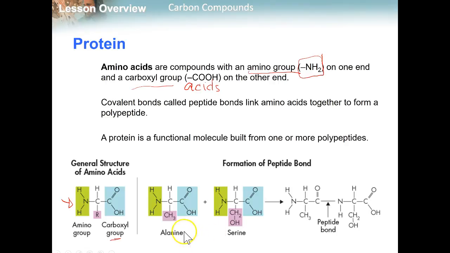So if we were to join this amino acid together with this amino acid, there would be a peptide bond that forms in between those two. And because we have 2 or more amino acids together, this becomes known as a polypeptide. And polypeptides are pieces of proteins.